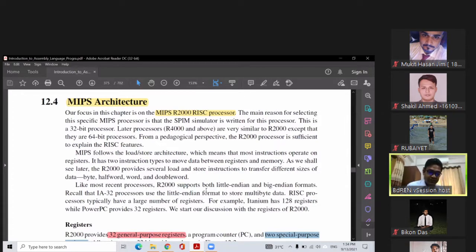EAX, EBX, ECX, and EDX, right? So we have 4 data registers. After that, how many control registers do we have? 2, flag and EIP, the extended instruction pointer.